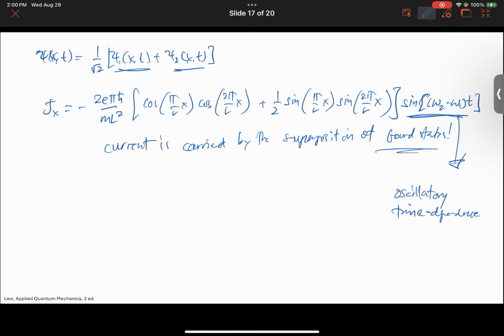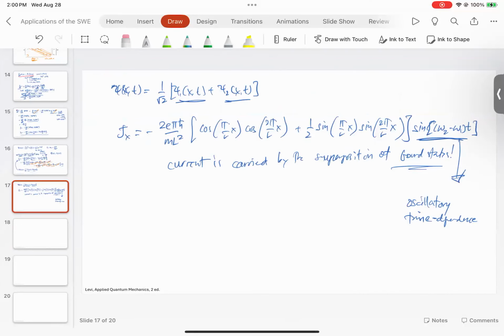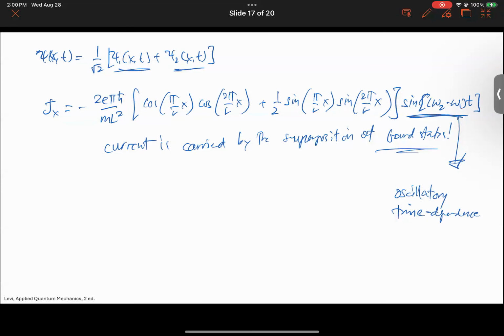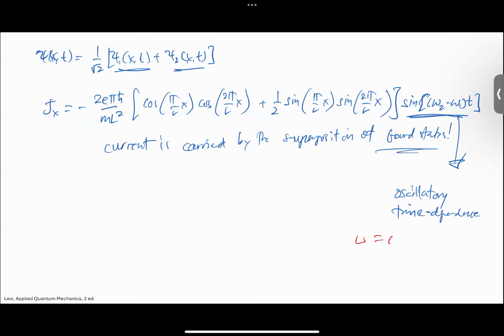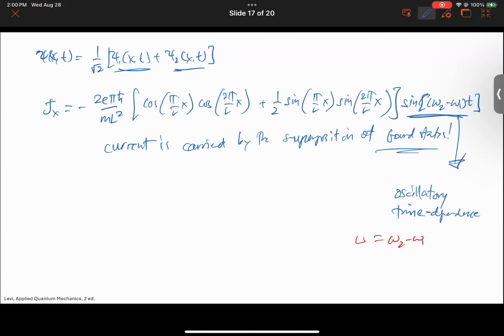The frequency of oscillation of the current is equal to the difference between the frequencies of the two eigenstates. So they move back and forth at the frequency that is the difference of the frequencies of each eigenstate.